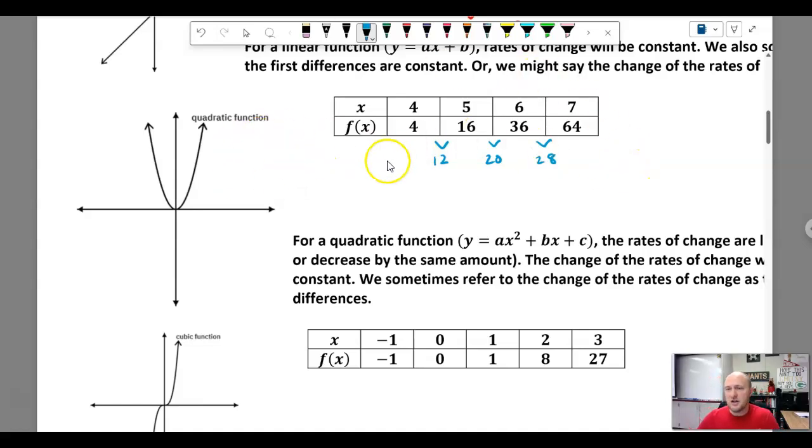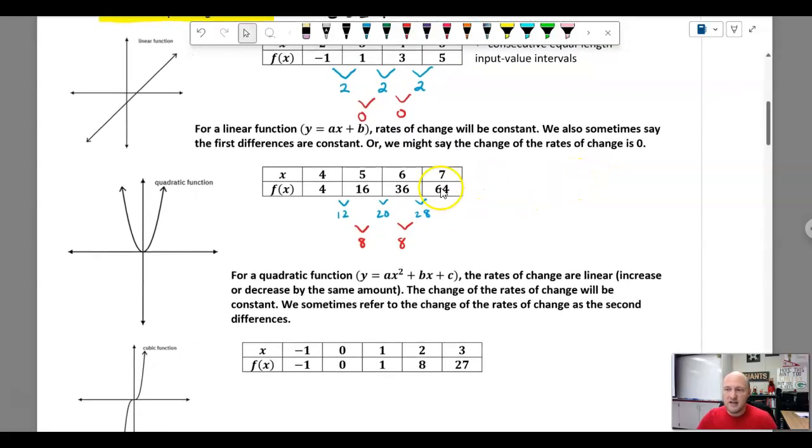So this is definitely not linear, but the second differences have a difference of 8 and 8. So the rate of change of the rate of change is constant. Our second differences are constant. You could also say that the rate of change is linear.